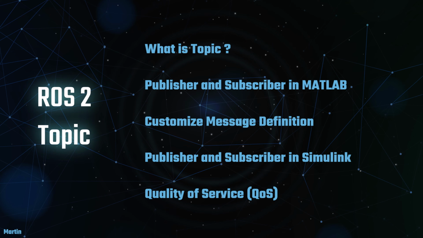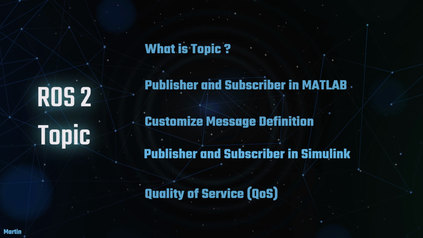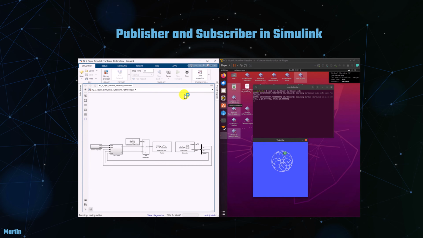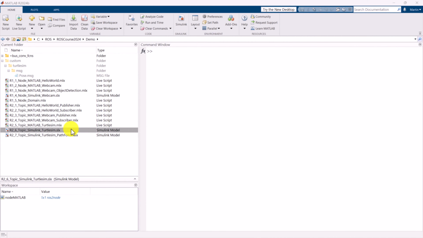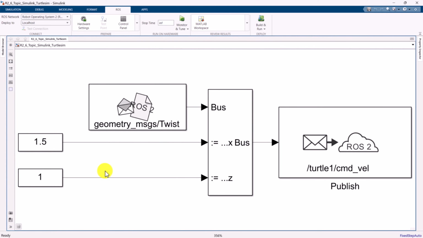Next, we will move on to creating ROS2 publishers and subscribers in Simulink. Let's open the Simulink model for a TurtleSim example. There is a message block where you can select the appropriate message type and set the sample time.